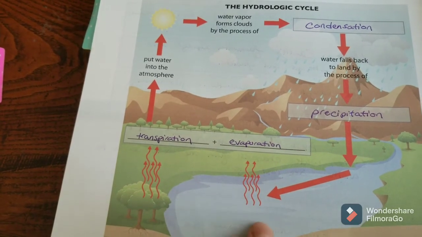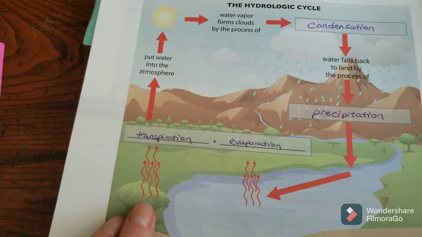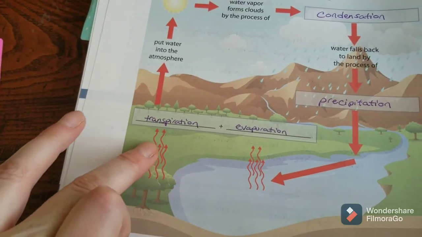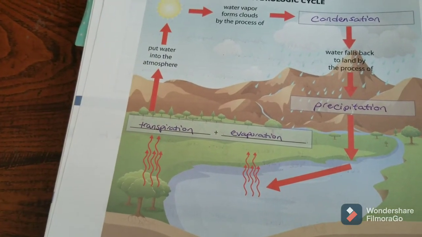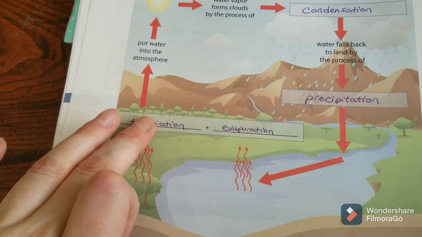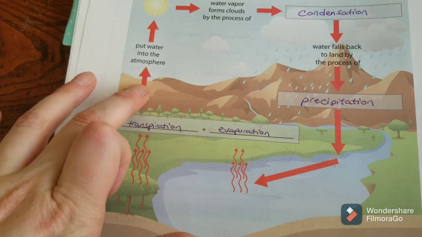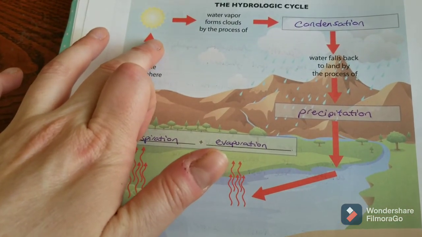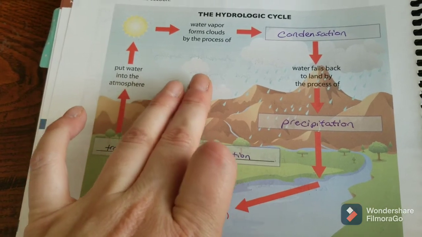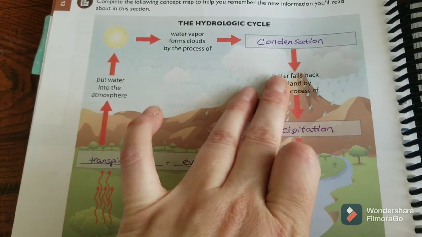Some of it straight out of the water, and some of it transpirates out of the trees and anything that's plant life. So that's transpiration. And that puts that water back into the atmosphere. And the water vapor forms clouds by the process of condensation.